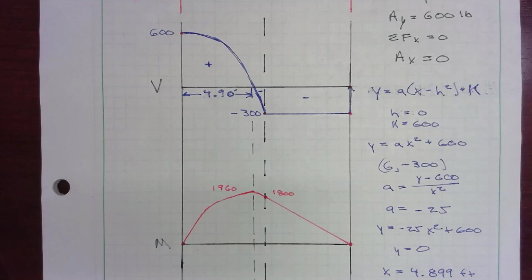That's what the negative on the shear diagram tells me. It starts fairly flat and then goes a little steeper, and when it reaches the 6-foot mark, you see it's a rectangle, so it is the same slope, which means it's a line. From 1,800, it goes straight down to 0. And there we get our moment diagram.